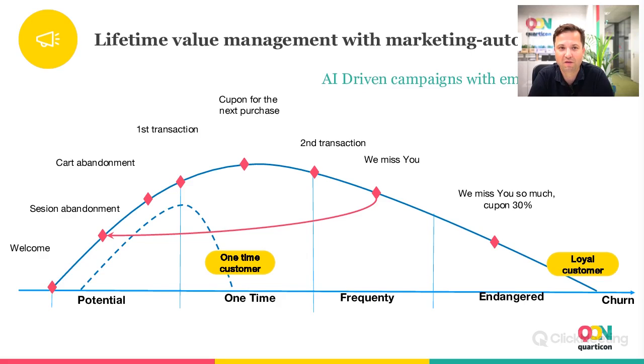And if it's done automatically, you don't need to cope with different kinds of segmentation and make your email campaigns complex. What we must focus on is the stage of engagement of the customers.